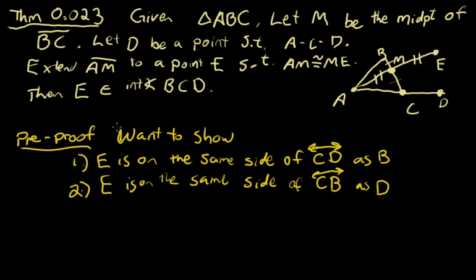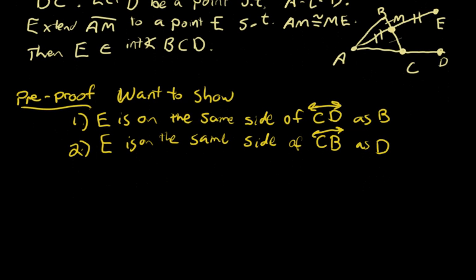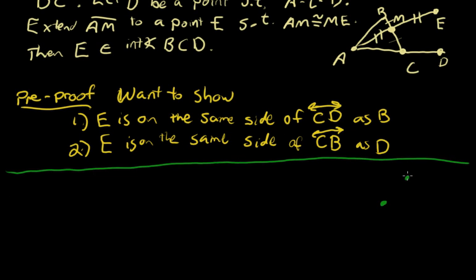So let's scroll down a little bit. I'm going to redraw that picture. So we'll just draw the same exact picture right here. Given A, B, C, with a point D out here, C, A, B, M, and we'll put point E out here.